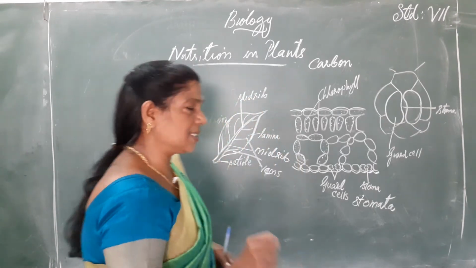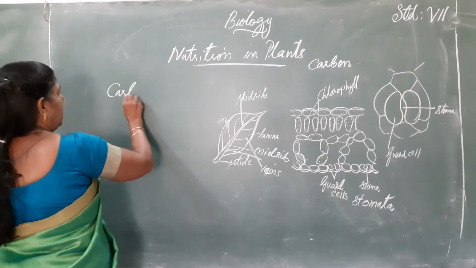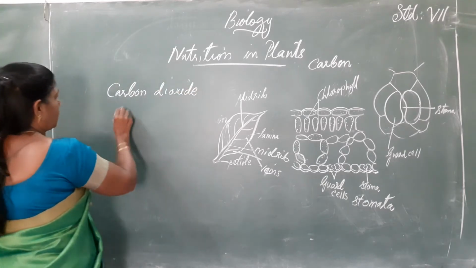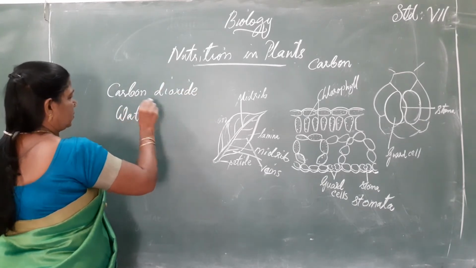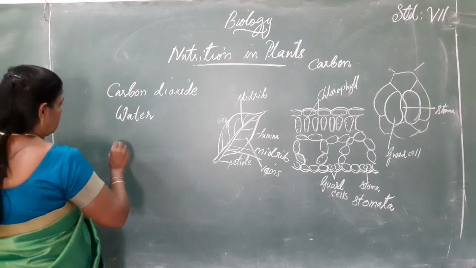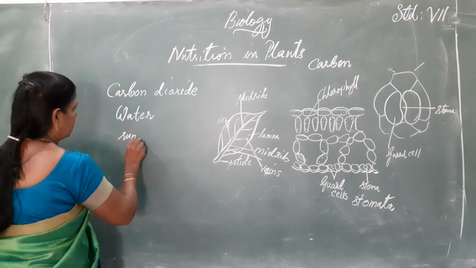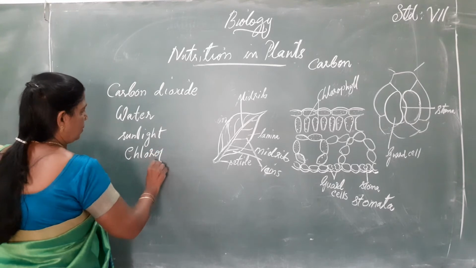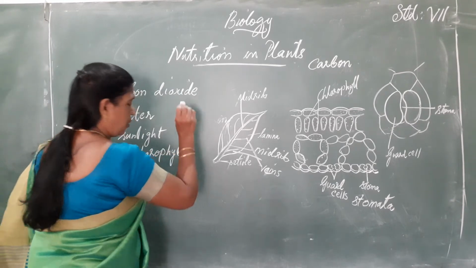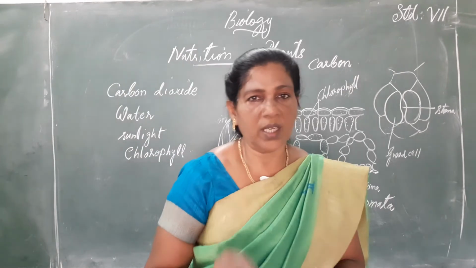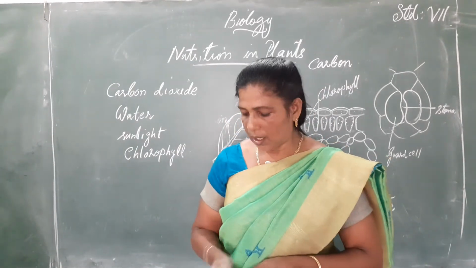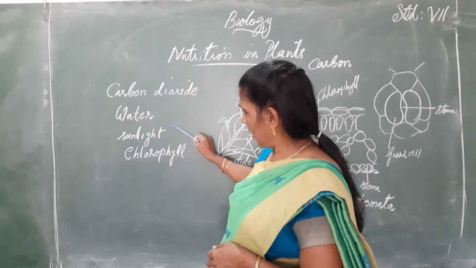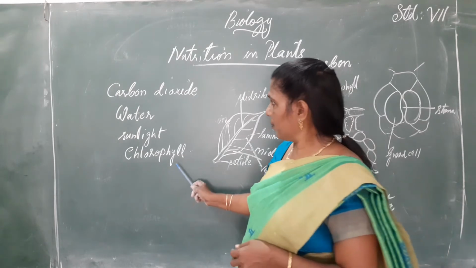The requirements of photosynthesis are carbon dioxide, water, sunlight, and chlorophyll.